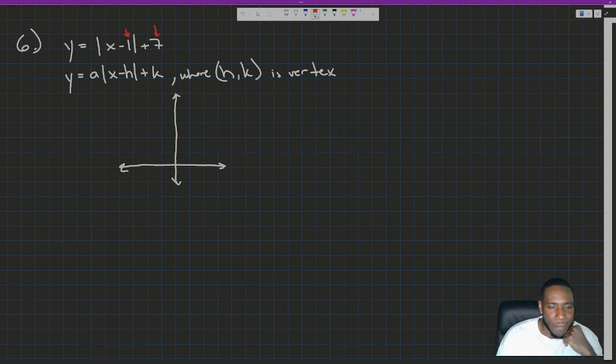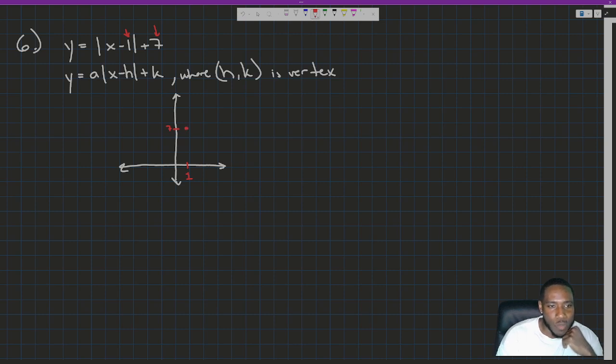You'll notice that that minus is in front of the 1, just as it is in the h in our base function. And so we're going to kind of ignore it, right? If we see minus 1, we should recognize our vertex is at positive 1. So put a positive 1 on the x-axis. And we're going to put a positive 7 because we see the plus is also there in the base function. So we'll put a place at 7. All right? And so our vertex is there for this function.